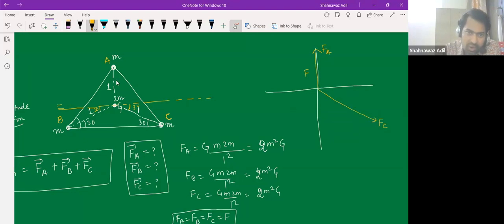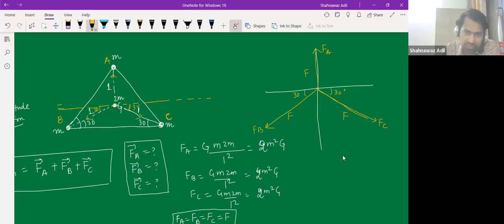All these are attractive, so this force is in this direction, and this force in this direction. This is 30 and this one is again 30. The magnitude is F, F, and F.